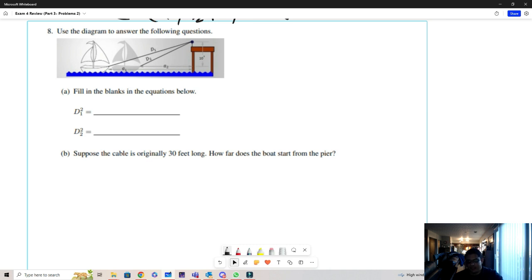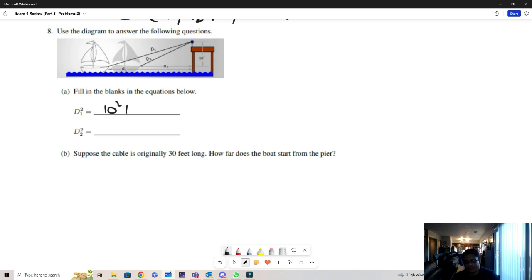This measure over here is 10, which is the height from the boat directly to this. So we have a couple of right triangles. We have a right triangle here with A1, D1. So D1 squared is going to equal 10 squared plus A1 squared, and similarly, D2 squared is going to be 10 squared plus A2 squared.